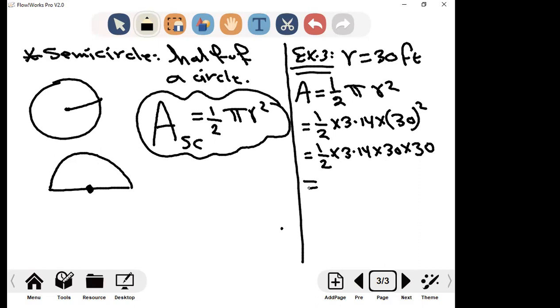The answer will be 1,413 square feet. Same skill, same idea, but with the half before. Okay?